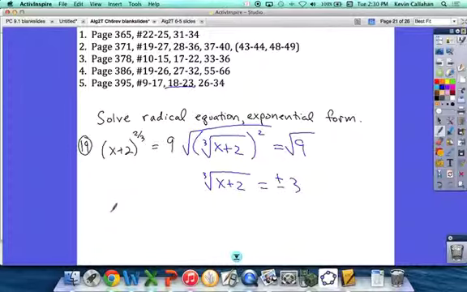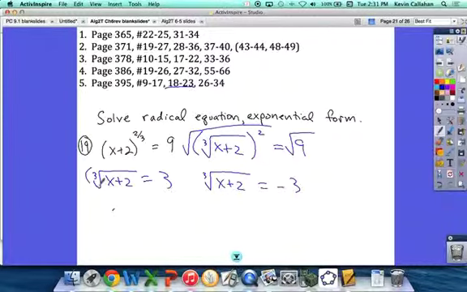Okay, and now I've got to undo the cubed root. Because I took the square root, when you take the square root, you've got to include the plus or the minus. Okay, now what's going to happen? We're going to do it twice, right? We'll do it once where the cubed root of x plus 2 equals 3, and the cubed root of x plus 2 equals -3, because we'll get different answers.